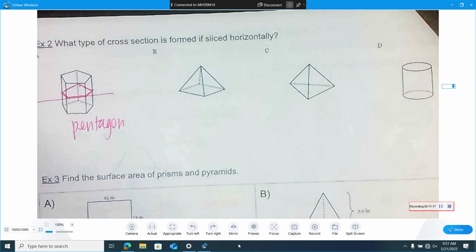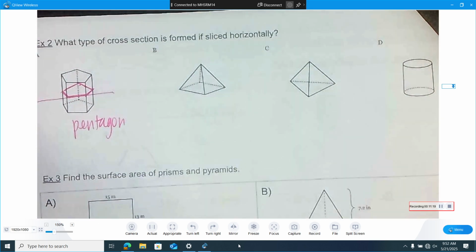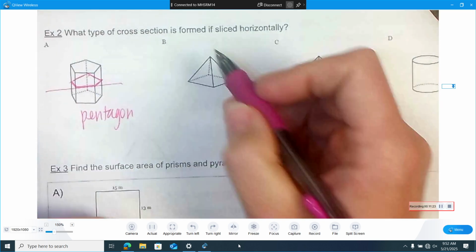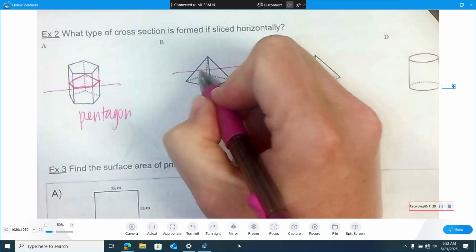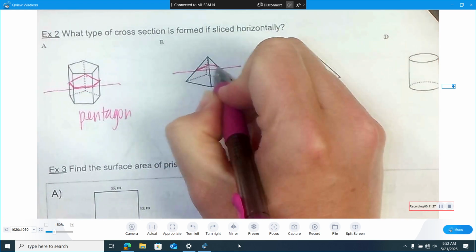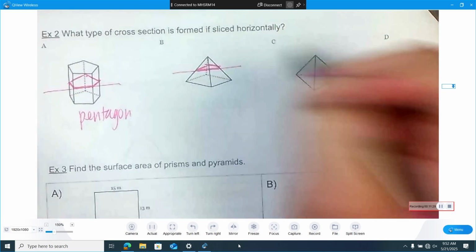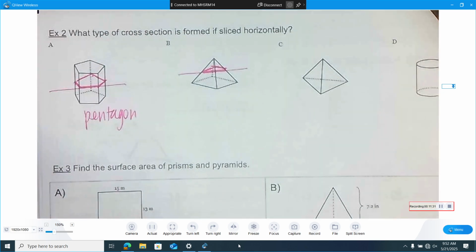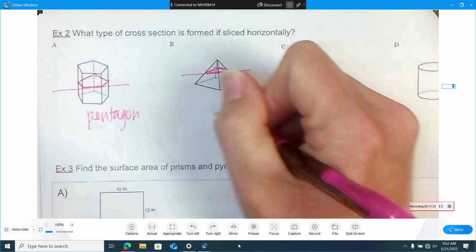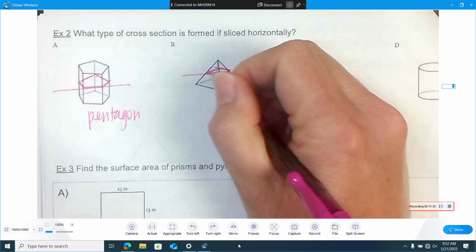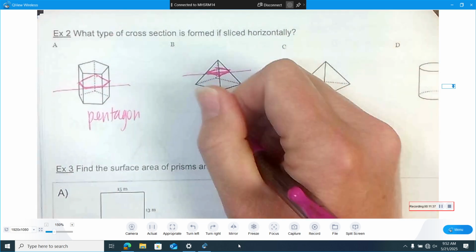Now here, this is the square base pyramid. And again, if I were to slice horizontally, it is just whatever the base looks like, in most cases. So this one, we would see a square.